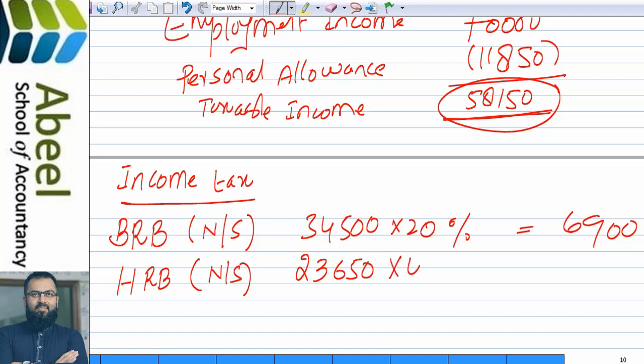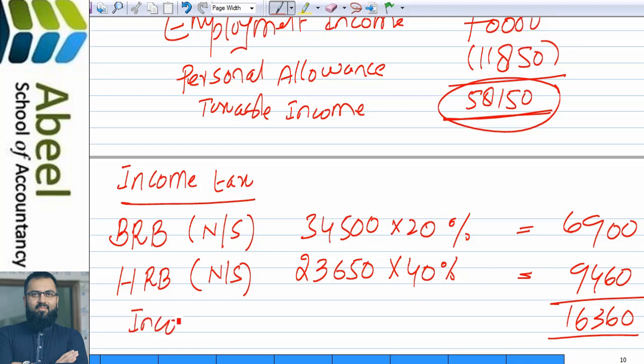We have to take 40% of this amount. If I take 40% of this amount, then it is 9,460 plus 6,900, 16,360. This is your income tax liability, pure and simple.